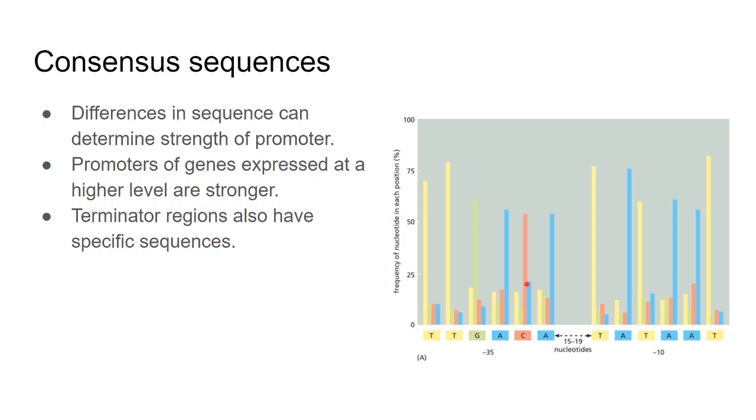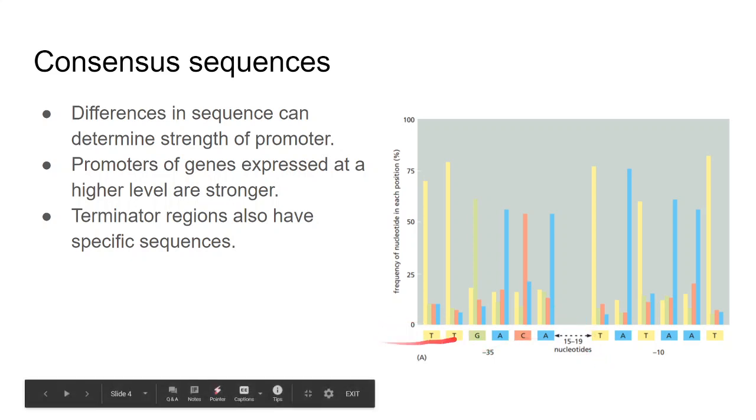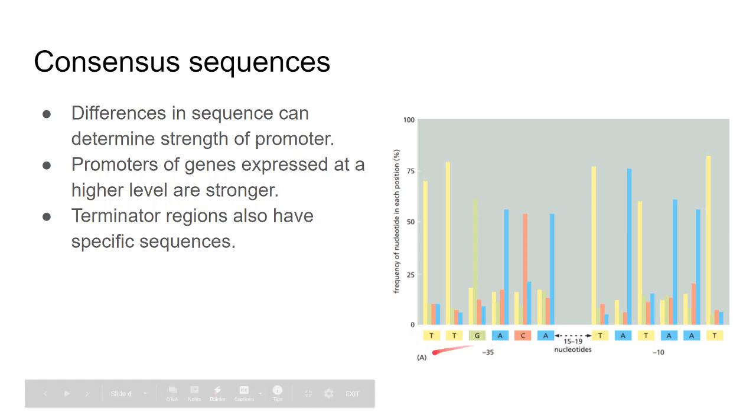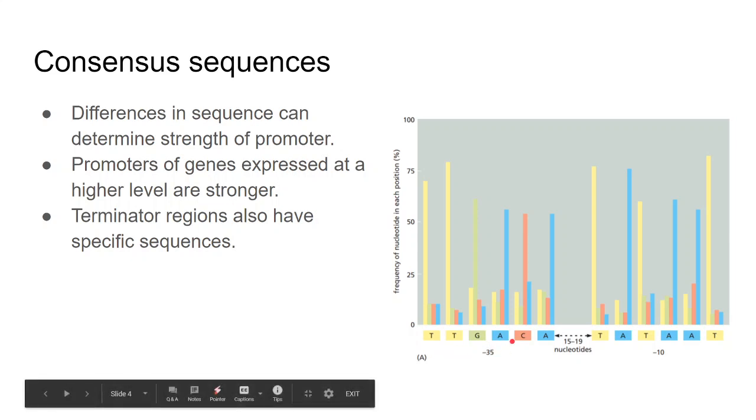These variations in the consensus sequences will tell you how strong a promoter is. If it's exactly this sequence TTGACA and TATAAT, that would mean it's a very strong promoter. But if there's a little change, then it will be a little weaker promoter. And if there's a lot of changes in the consensus sequences, then it will be a very weak promoter.